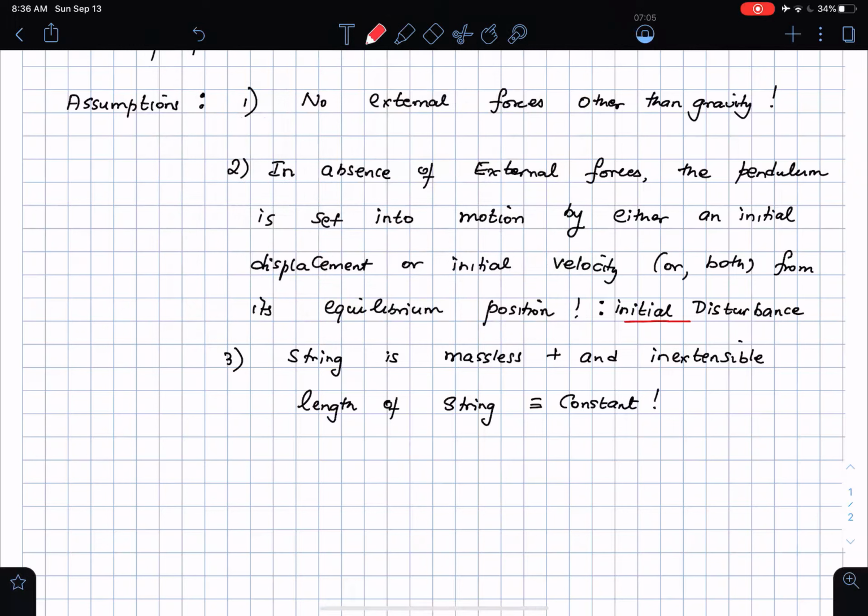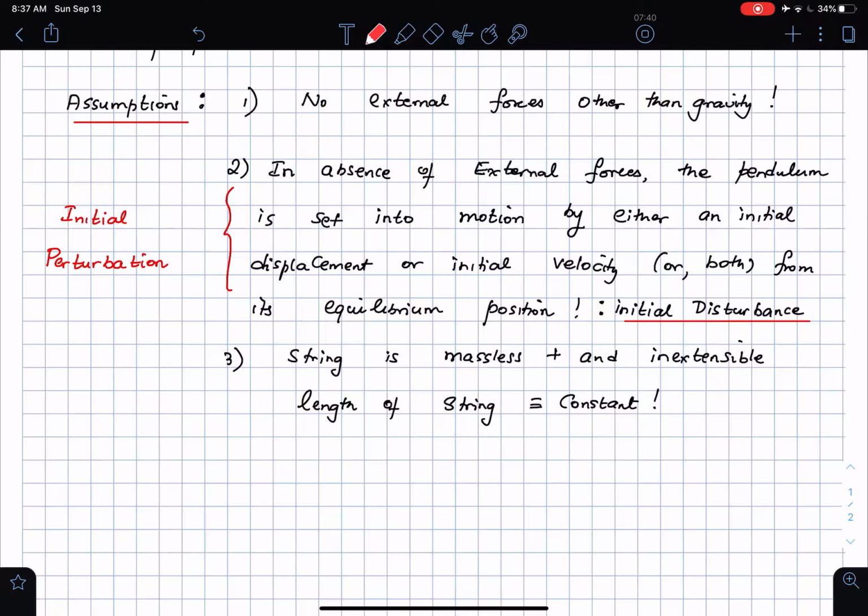That's another word for it, or more fancily called initial conditions. It can be both initial displacement and velocity, or just one or the other. That's good enough for us. All right, so these are the assumptions that are involved in the problem. Whenever I start any problem, you've got to have some assumptions, so list out all the assumptions.